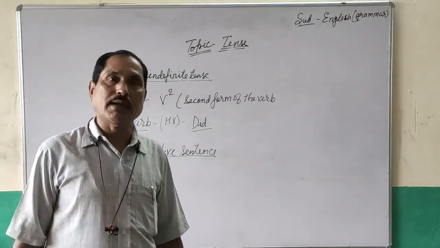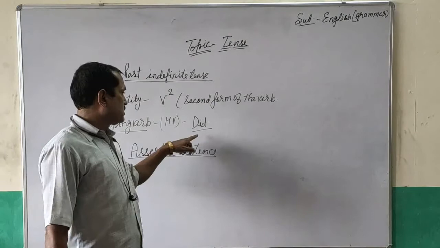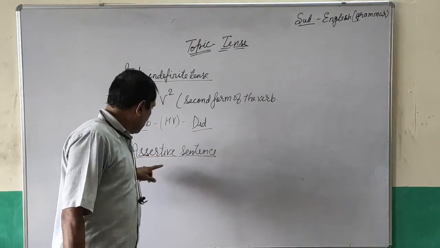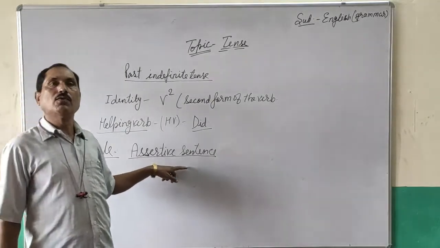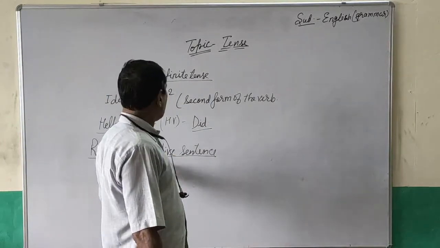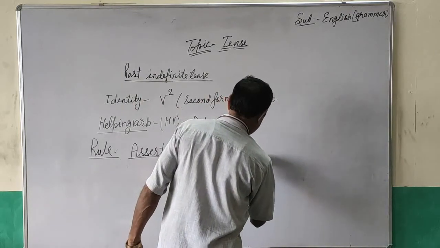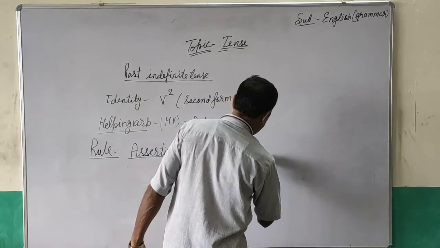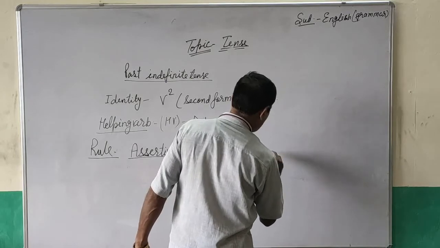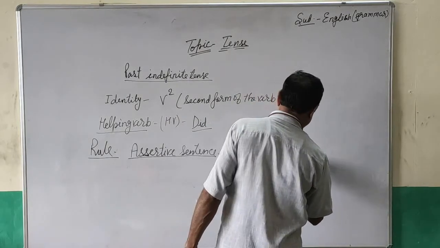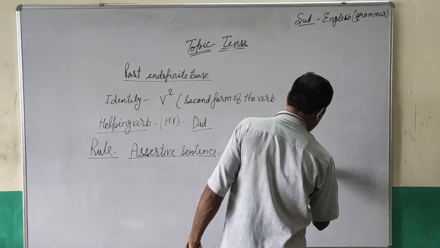In interrogative and negative sentences, we use the helping verb. Subject plus second form of the verb plus object.